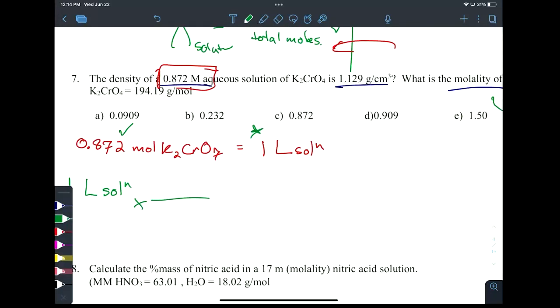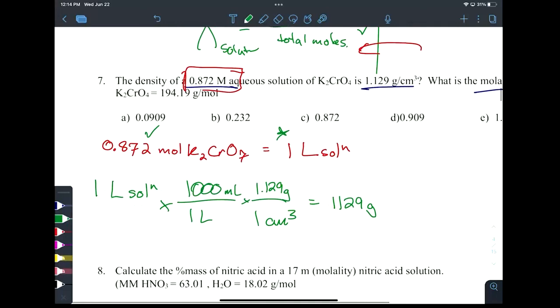So 1 liter of solution is 1,000 milliliters, which is the same as centimeters cubed. So 1 centimeter cubed is 1.129 grams. When I put this into my calculator and get 1129 grams, that's the mass of what? Of the solution, because I started with volume of solution.